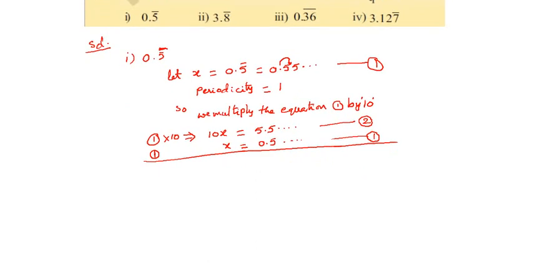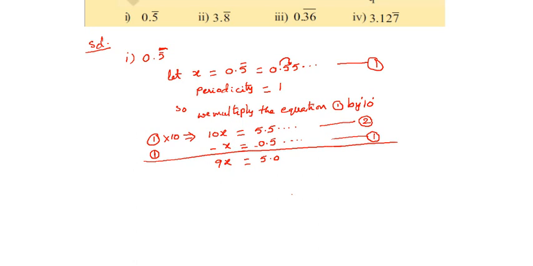What do you get? 10x minus x, that means 9x. 10x minus 1x is equal to 9x. That equals, you subtract here: 5 minus 5 is 0, 5 minus 5 is 0, 5 minus 0 is equal to 5.